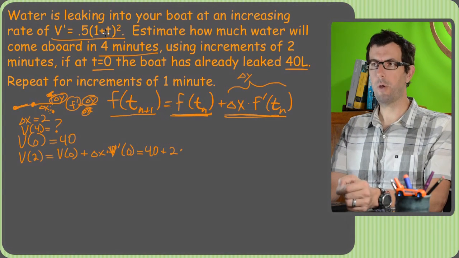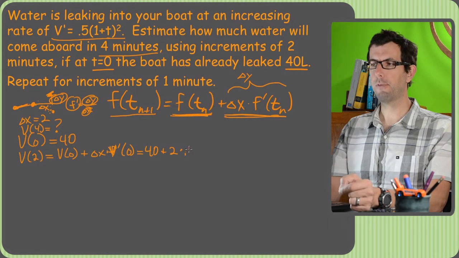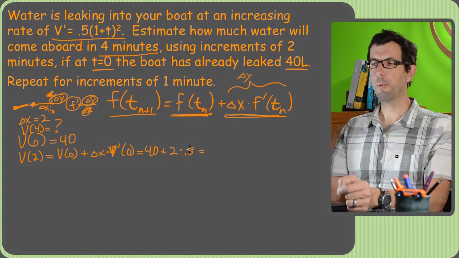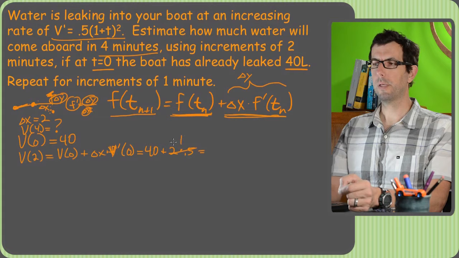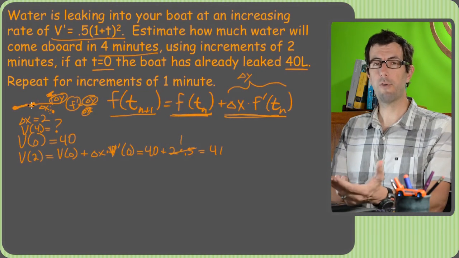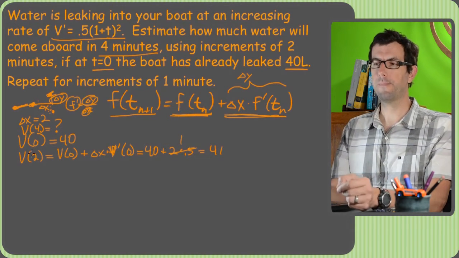So 1 plus 0 is 1, squared is 1, times 0.5 is 0.5, so 2 times 0.5. So 40 plus 2 times 0.5, which is 1, so 41. All right, so pretty exciting. So after one step, we've gone from 40 to 41. Our new y coordinate, our new amount of volume of water in the boat is 41.